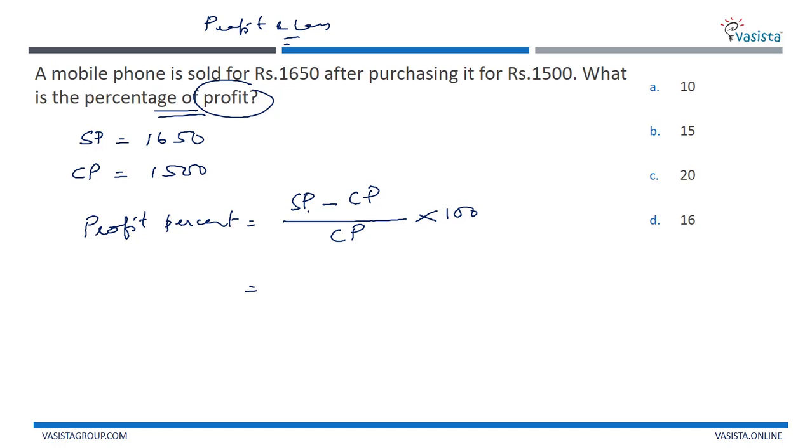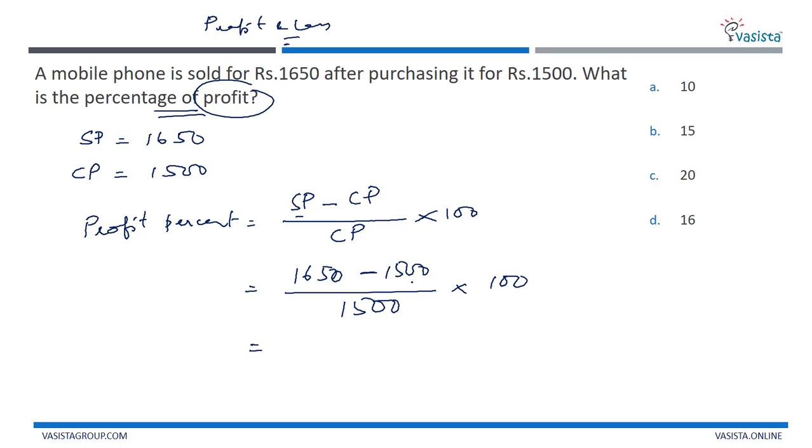Now see here, selling price is how much? 1650, right? 1650 minus cost price 1500, that divided by 1500 into 100.